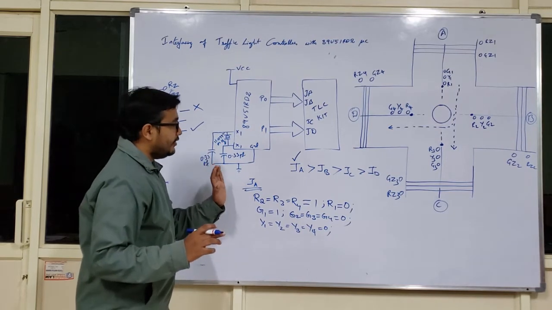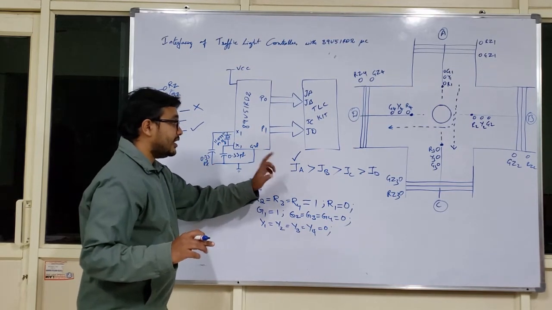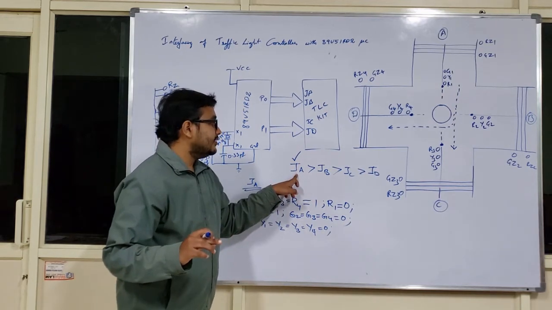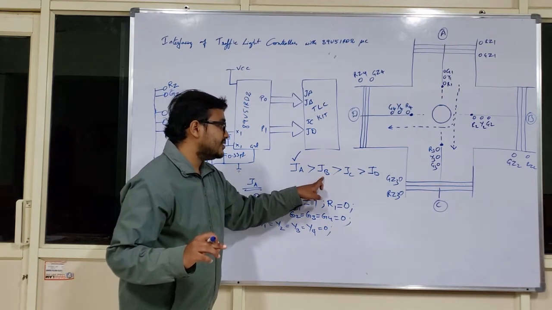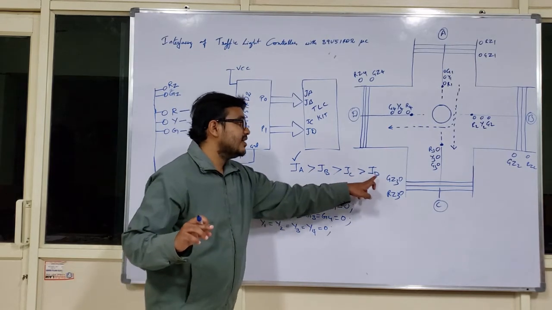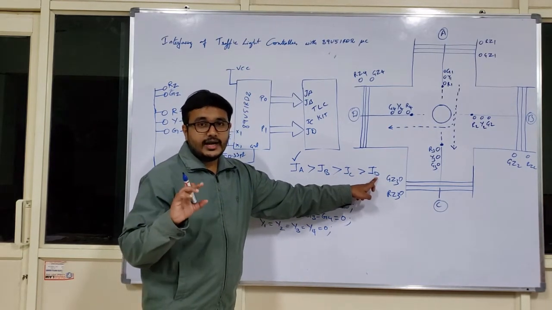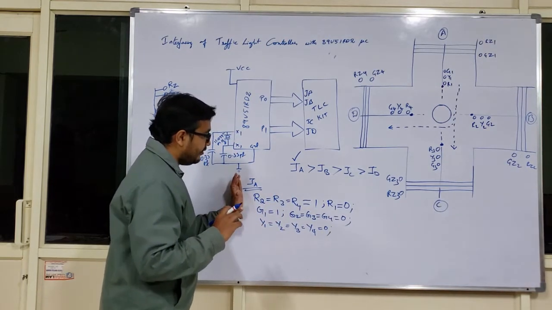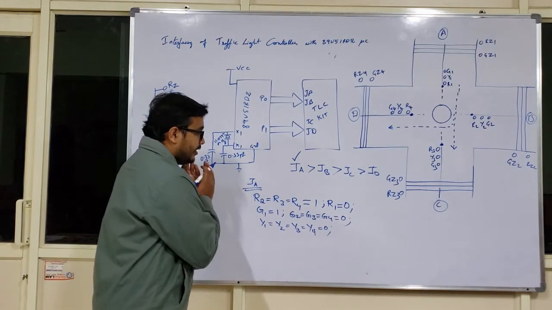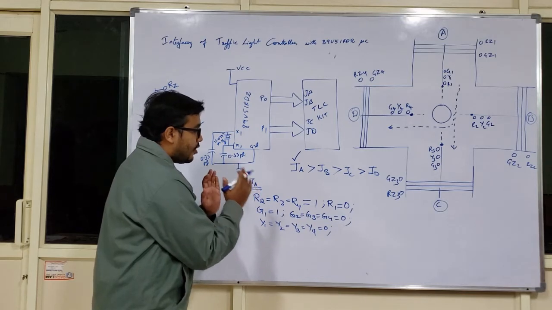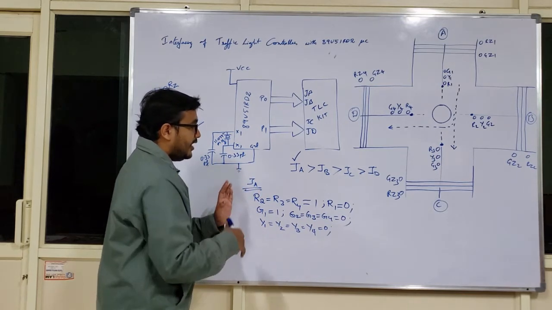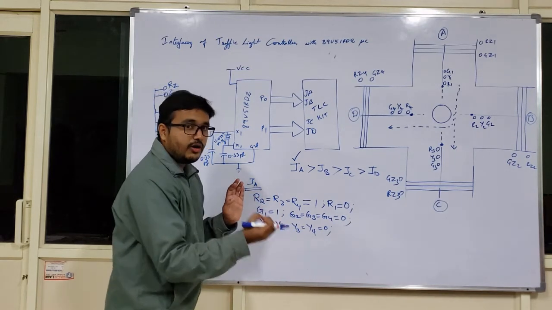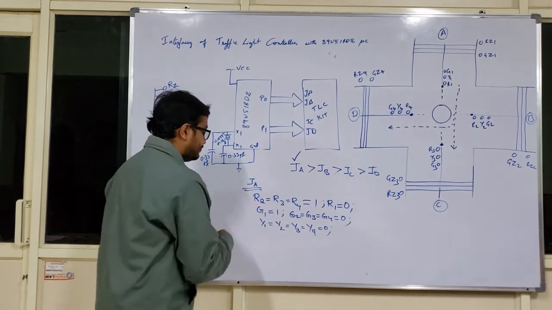That means the activity has to start from junction A. After completing the junction A activity, junction B starts. Next junction C starts, and after that junction D activity has to start. So in this junction A activity, I have indicated the status of each and every variable, whether it is logic 1 or logic 0.